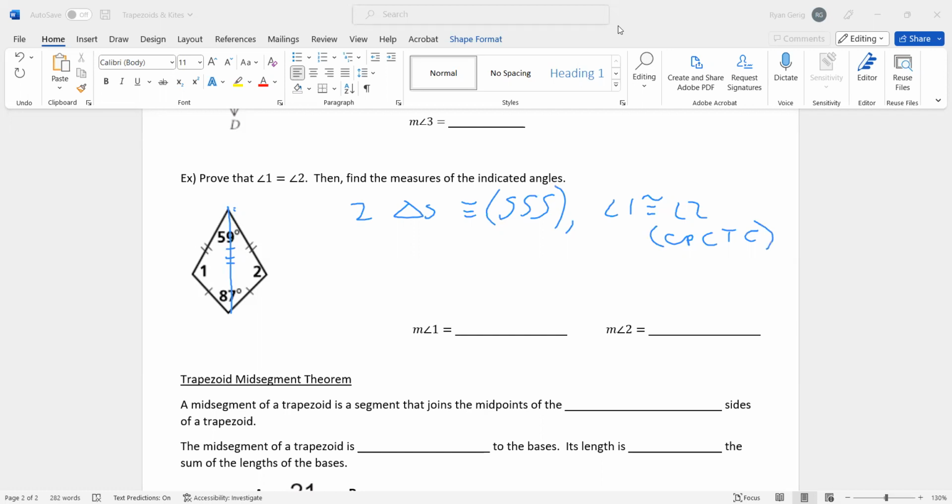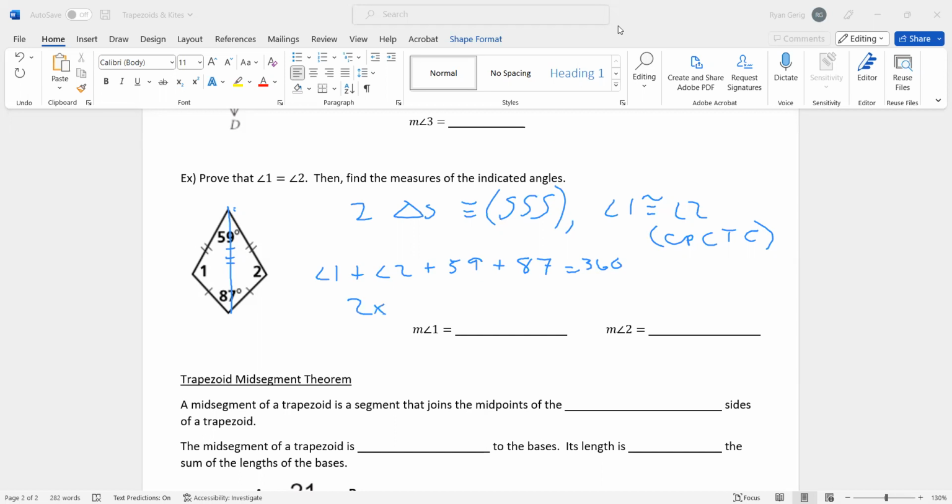Okay, now I can find those by doing my, well, in a quadrilateral, they add up to 360, right? So angle 1 plus angle 2 plus 59 plus 87 has to add up to 360. But the good news is 1 and 2 are equal, so I'll just call those x.